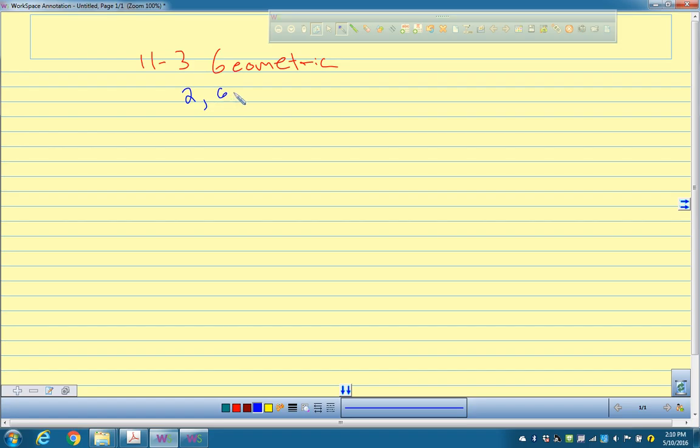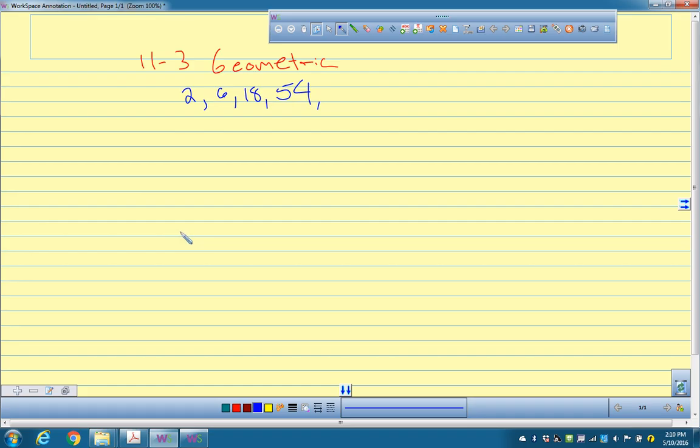2, 6, 18, 54. Who can tell me what's happening in this sequence? Going up exponentially? Not exponentially. Exponentially is when you raise to the power.